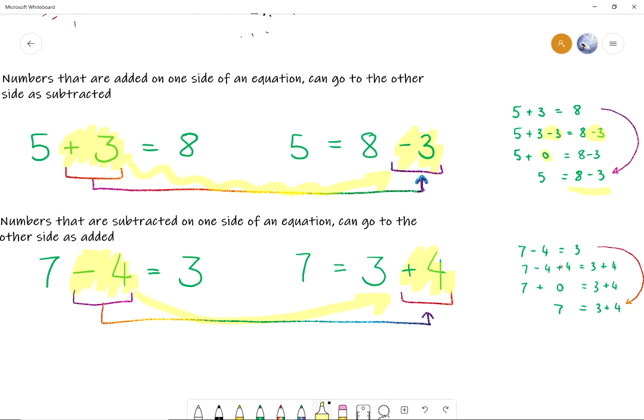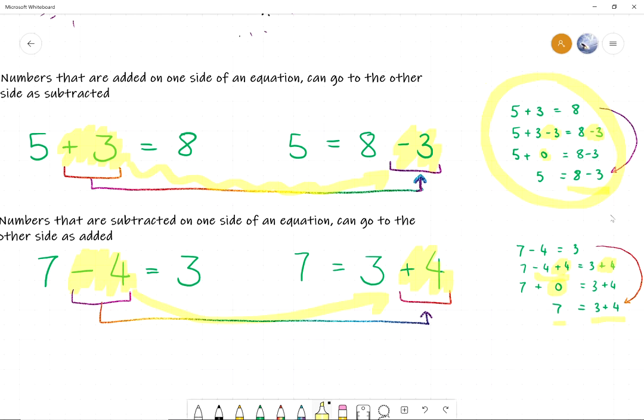And in this side, what we did is add 4 to both sides of the equation to get, well, here we got 0, and now we just have 7, and on the other side, we get 3 plus 4. And that's when we say that you can move a 3 that is adding as subtracting to the other side, what we really mean is this whole work, but we usually skip all those steps.